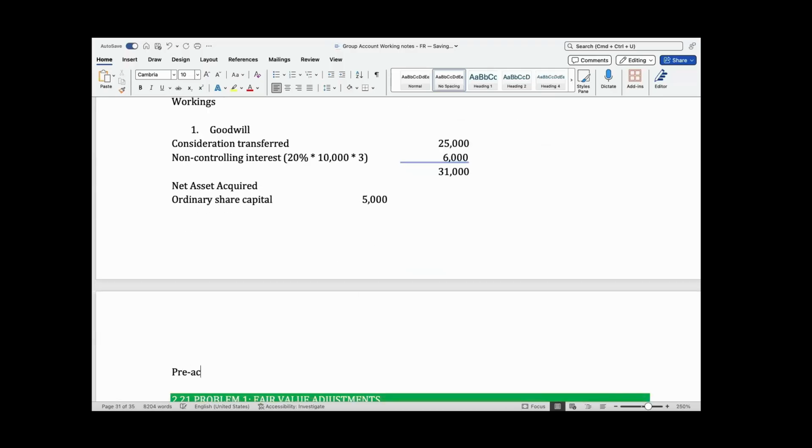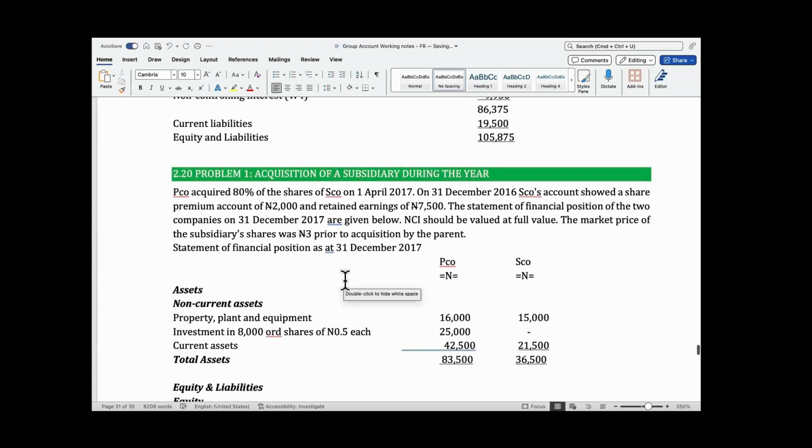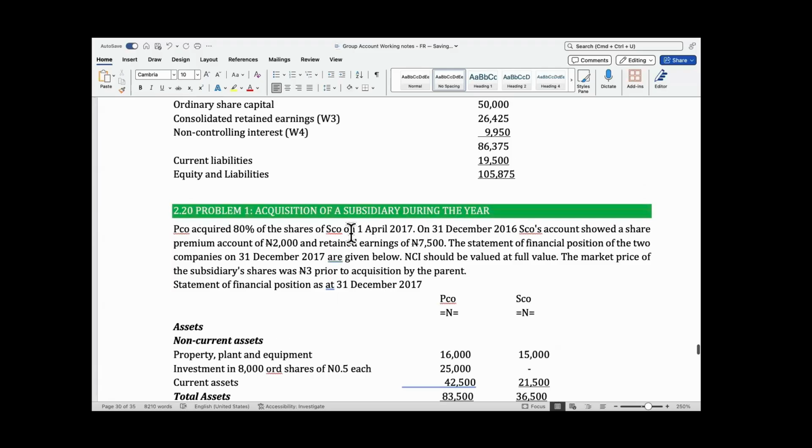Now, this is where we are going. The pre-acquisition, in this case, there's pre-acquisition share premium and there's pre-acquisition retained earnings. For the share premium, what I need is the share premium as at April.